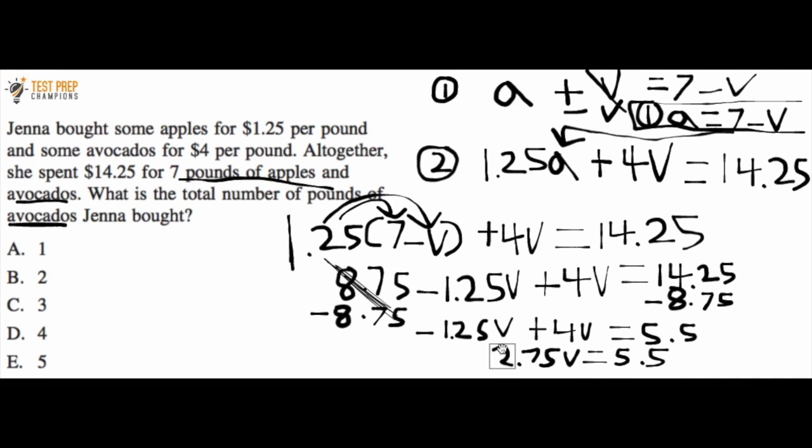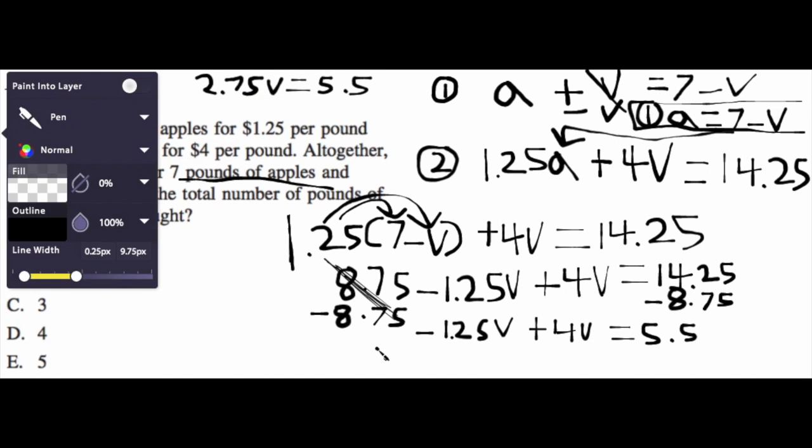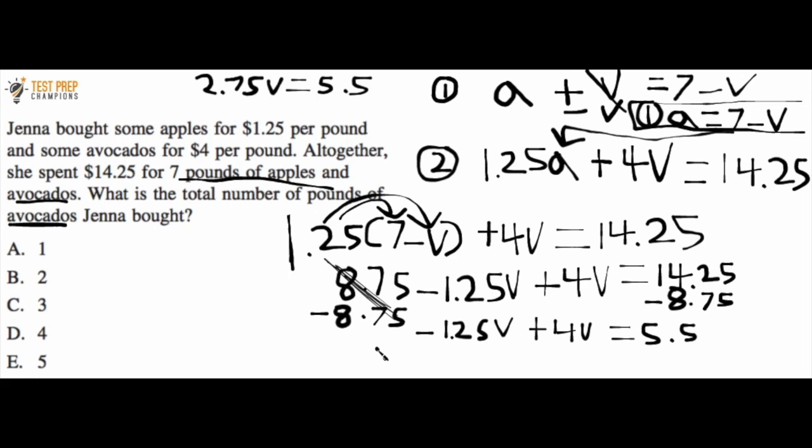Let me bring this up here where we have a little bit more room. We're down to 2.75V equals 5.5. If I have 2.75V and I just want to get V, what do I have to do? It's 2.75 times V, so I have to divide by 2.75.